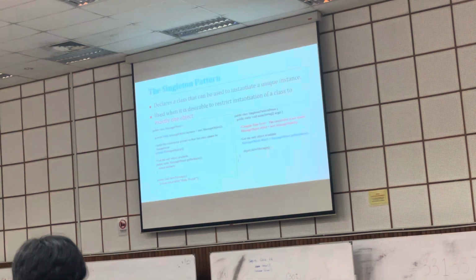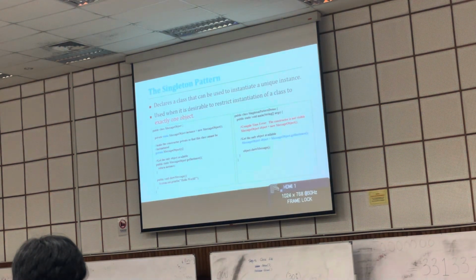Okay, singleton pattern, this is a very simple pattern. What if in your class you want only one instance to be created? You want in your program only one instance can be created.